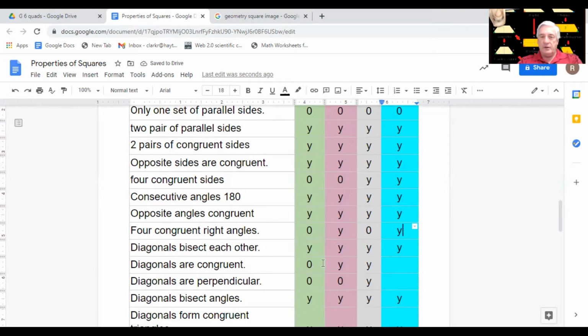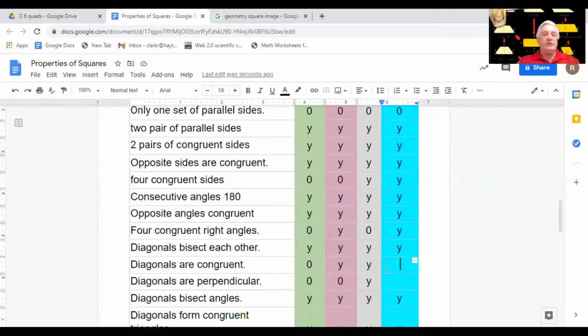Diagonals are congruent. It was not true necessarily about a rectangle. Were they congruent about a rectangle? I don't know. Draw a rectangle and check the diagonals. Do they look like they're congruent?